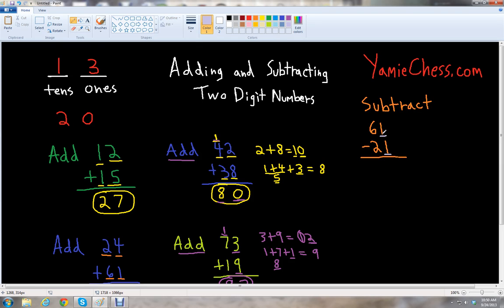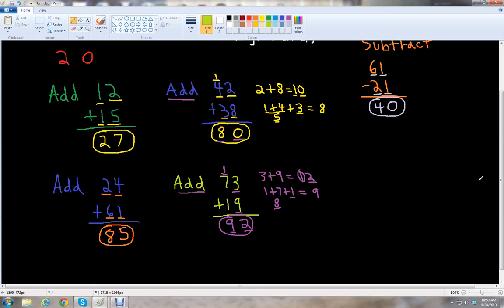So you're going to do 1 minus 1, which is 0. So we'll put 0 here. And then you're going to look at the tens digits. 6 minus 2 gives us 4. So we get 40. 61 minus 21 equals 40. Okay, let's look at another example.